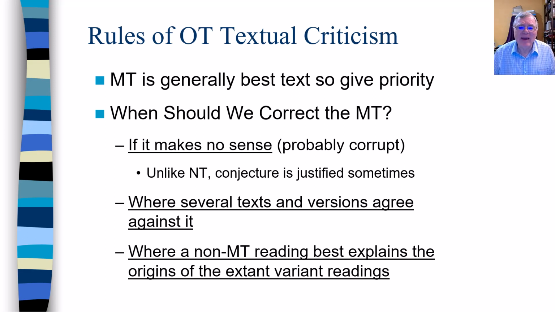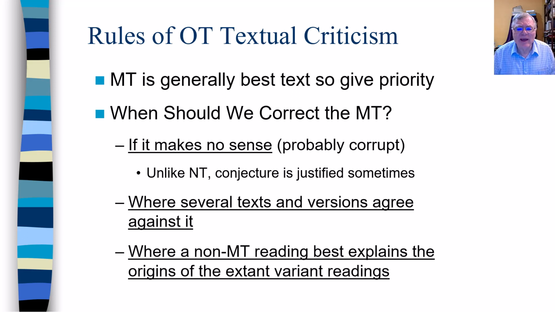One, if it makes no sense. If it's just absolutely gobbledygook, then it's very likely that it's corrupt. And unlike the New Testament, where conjecture is almost never justified, conjecture is sometimes justified in places where the text looks hopelessly corrupt.